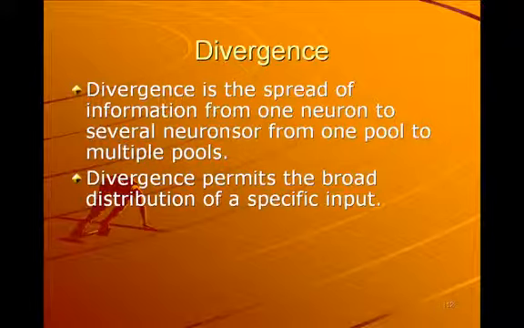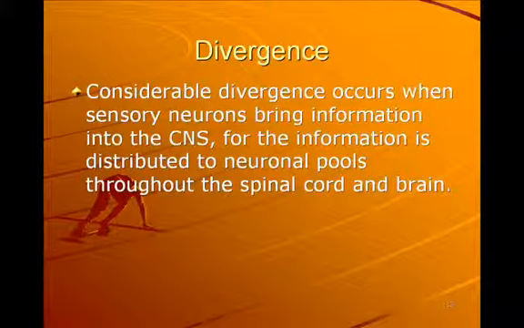Considerable divergence occurs when sensory neurons bring information into the central nervous system, and that information is distributed to neuronal pools throughout the spinal cord and brain.